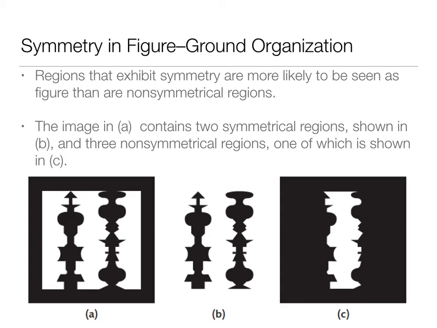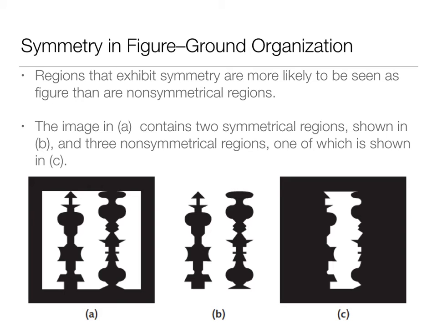However, there are also three non-symmetrical regions in image A, and we don't see those necessarily as the figure, one of which we see in C. So that space between those two candlesticky shapes, we don't typically see as the figure. We typically see that as the ground.